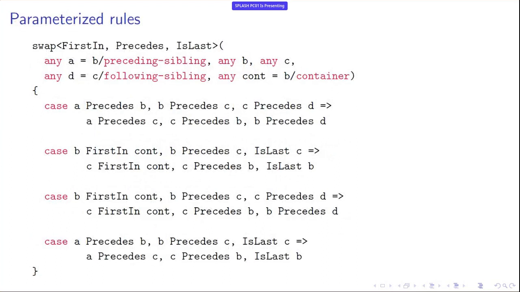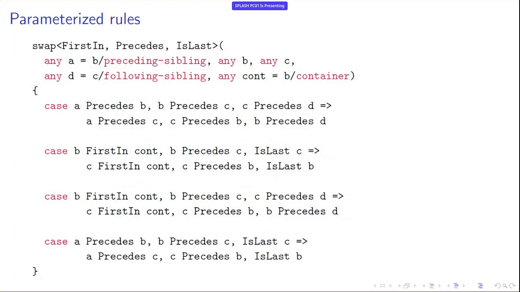Right, and we also have parameterized rules. You may have several structures in your GUI that have different relations between your elements, but the operations are actually almost the same. It's just the relations that are different.